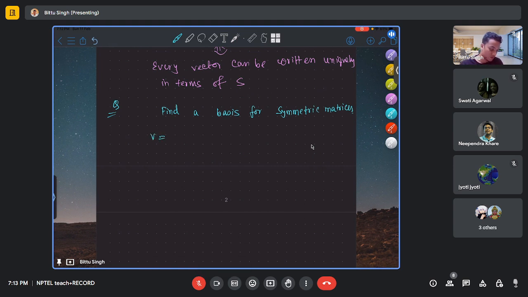Here the vector space V is the space of all symmetric matrices. That is, V contains all square matrices A such that A transpose is the same as A. Now you need to find a basis for this vector space.